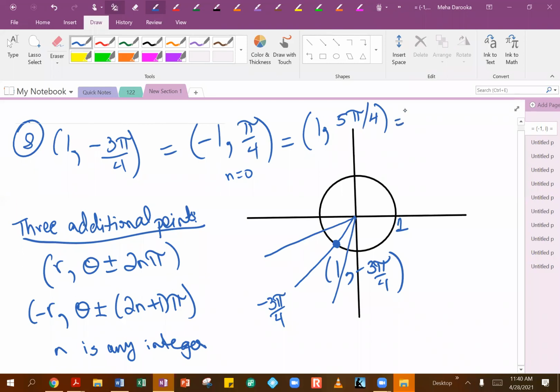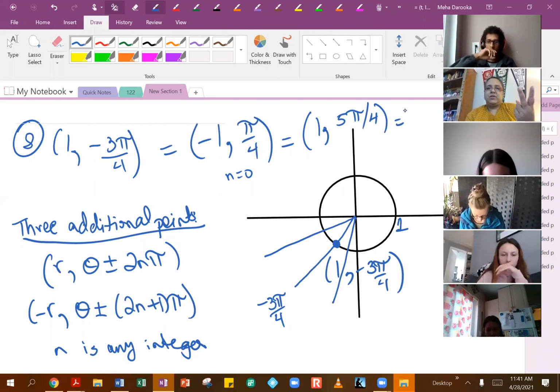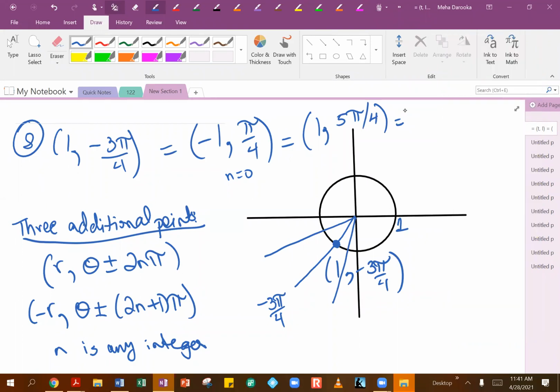And we need one more angle. So those are 2 that we came up with. We need one more angle. So what can you modify in that case? And this one had n equals 1. Because remember, n can be any integer.